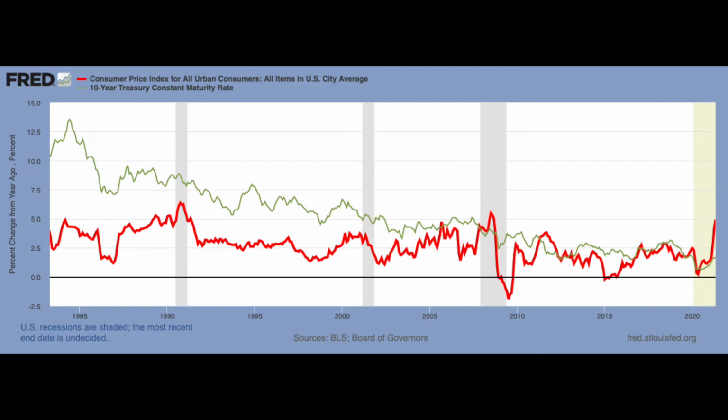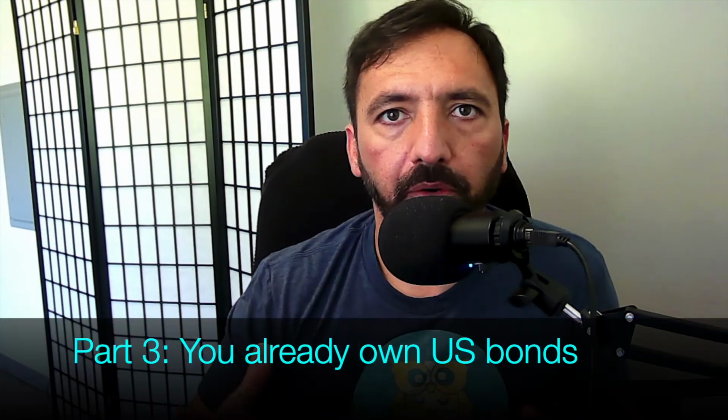Note that this was not the case back in the day, when US bondholders would actually make decent returns because US bond yields were higher than the inflation rate. How fast you will lose money on US bonds is going to depend on the gap between their yield and the inflation rate.